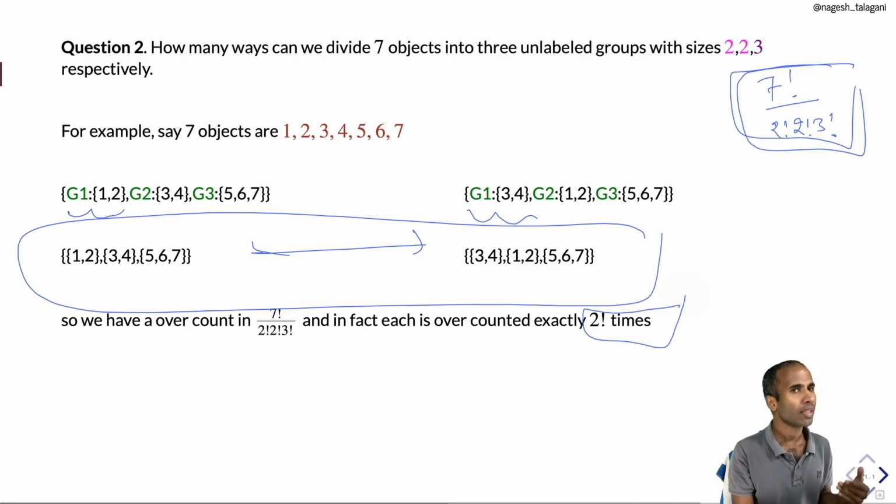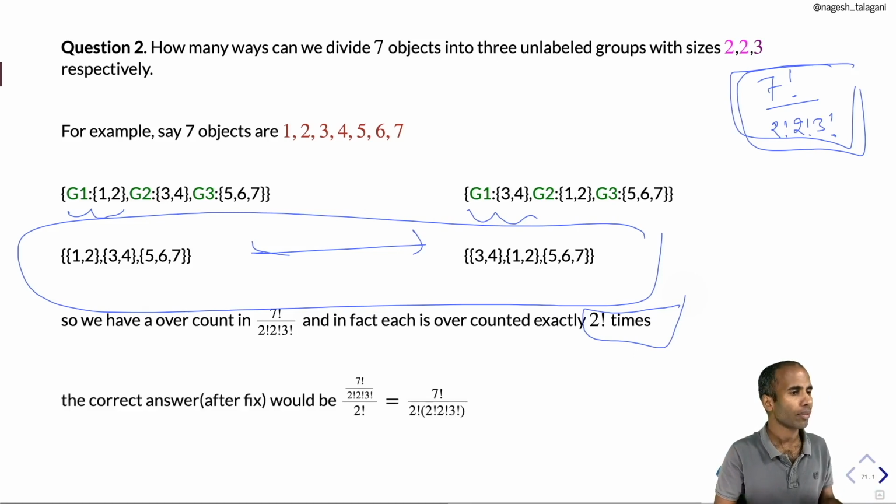All will result in the same divisions in the case of unlabeled groups. So we can fix this by dividing by 2 factorial. Therefore the correct answer, after the fix, is you just divide this count by 2 factorial, so that will give you this.